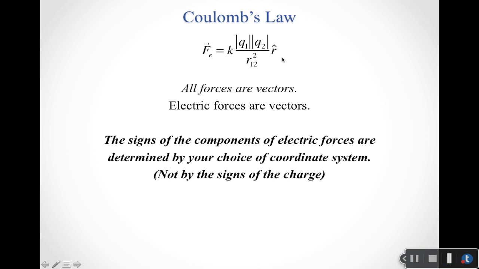What's the direction the vector points, and then what is that relative to the coordinate system you've chosen to use. That's one of the big differences between working our universal law of gravitation problems versus our Coulomb's law problems: students are going to want to make a mistake in terms of how to deal with these signs of their charges.